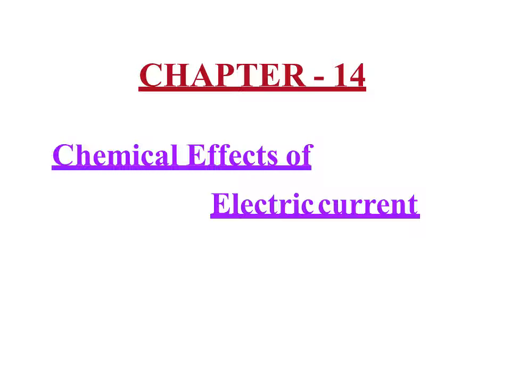Electric current. So in this chapter we will talk about how chemical effects take place during electric current. So first of all, what do you mean by electric current? That means the flow of electricity is called an electric current. And as we all know, electricity is very much important for us.